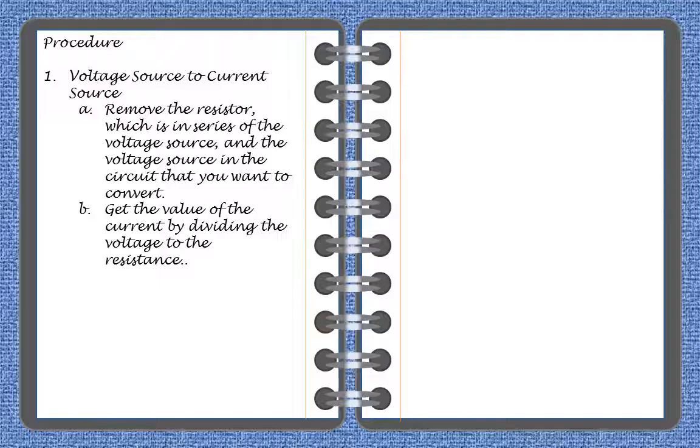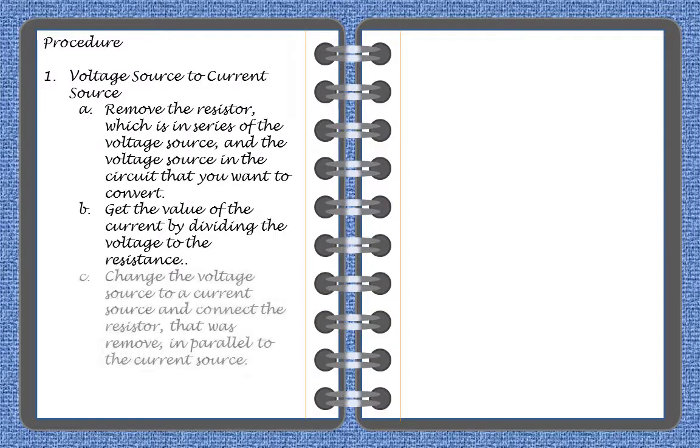So remember Ohm's law. Ohm's law states that the voltage is directly proportional to the current and the resistance. So using Ohm's law, current is equal to the voltage over resistance, and we can get the value of the current source.